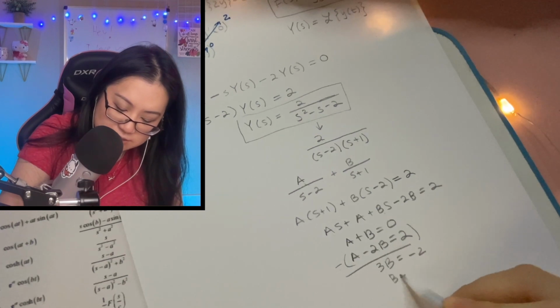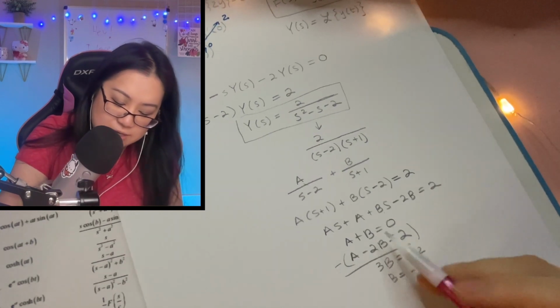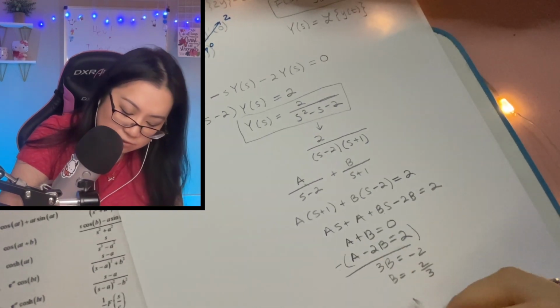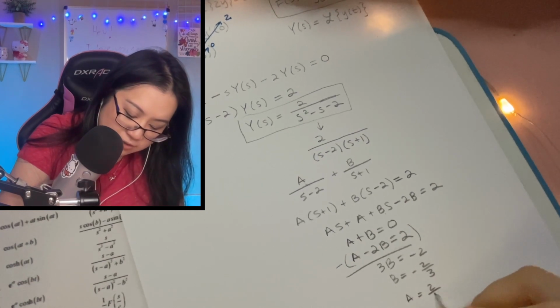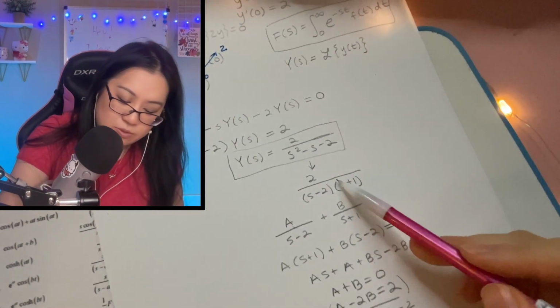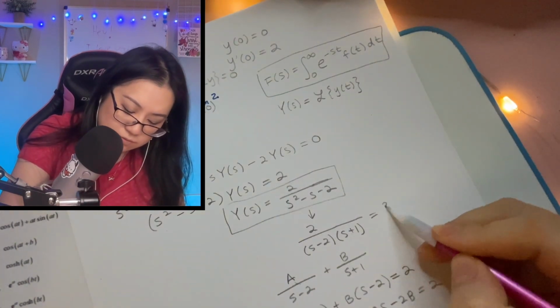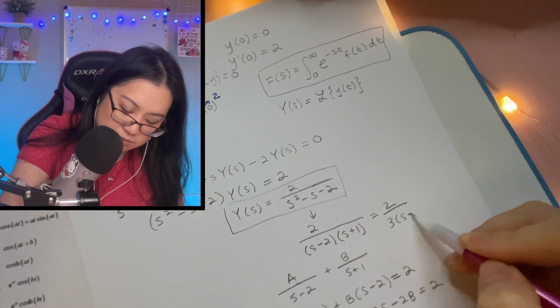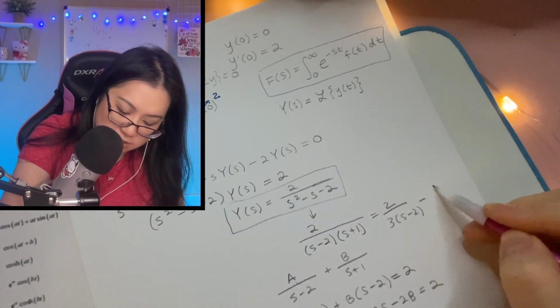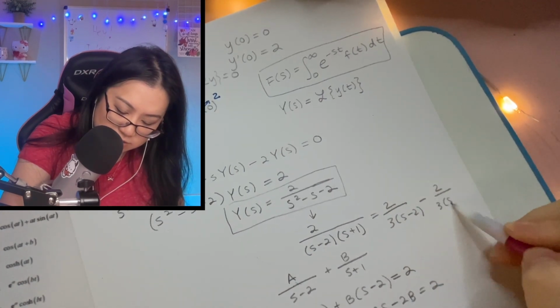Divide, so b is negative 2/3, and then a is positive 2/3. So I basically broke this down into 2 over 3 times s minus 2 minus 2 over 3 times s plus 1.